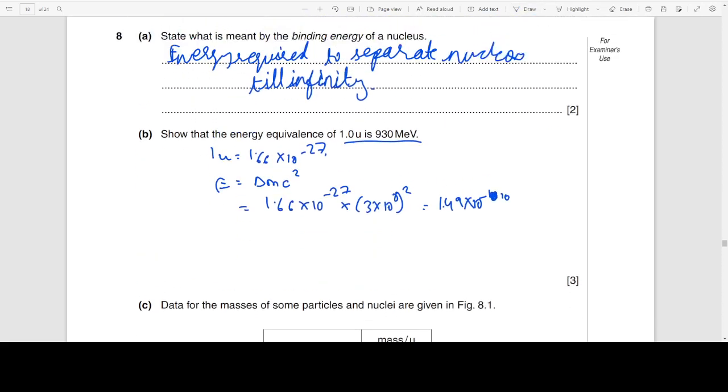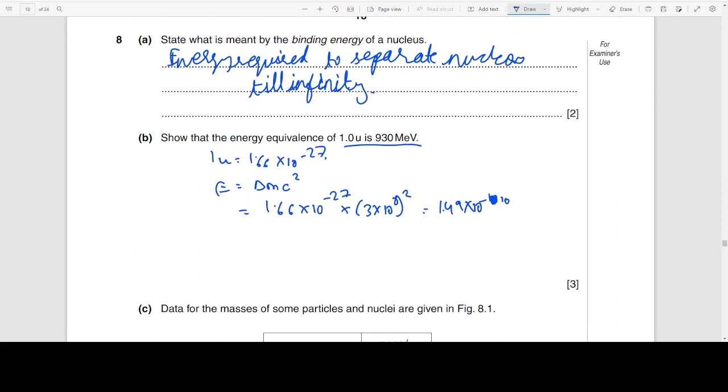And they want it in mega electron volts. So if you divide this by 1.6 into 10 raised to minus 19 and multiply this by 10 raised to minus 6, you will get your answer in mega electron volt, which is 933 mega electron volt, which is similar to 930 mega electron volt.